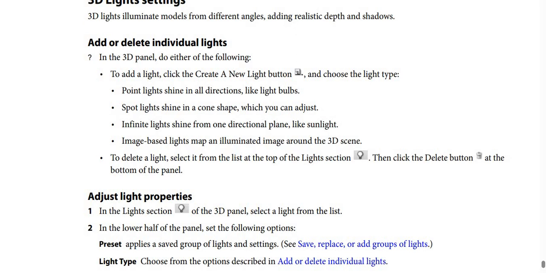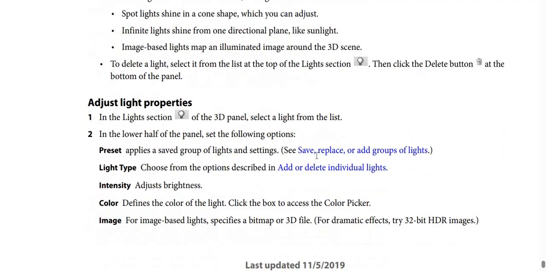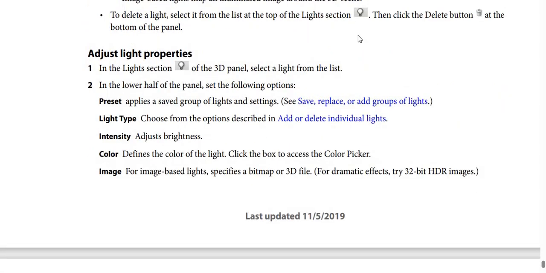Image based lights map an illuminated image around the 3D scene. And to delete a light, what should you do? Select it from the list at the top of the lights section, and then click the delete button at the bottom of the panel.